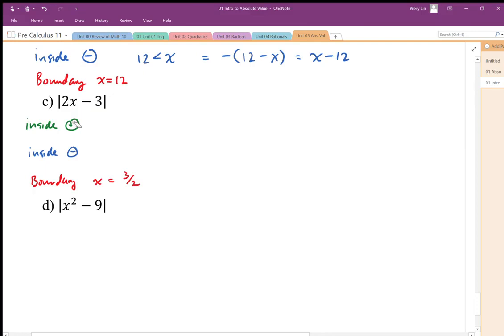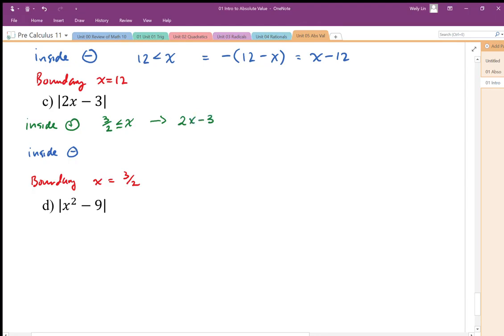So where is it going to be positive? Well, if x is bigger than 1.5, then it's going to give us a positive value. The inside will be positive. So we're going to say when x is greater than or equal to 3 over 2, the expression is equivalent to 2x minus 3.